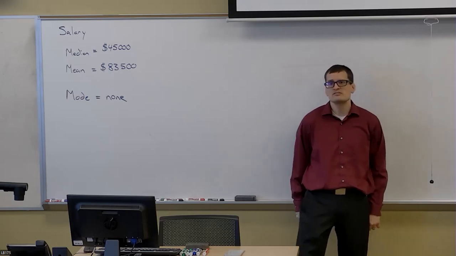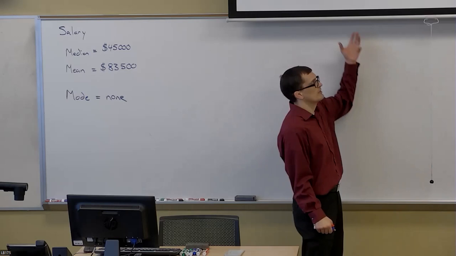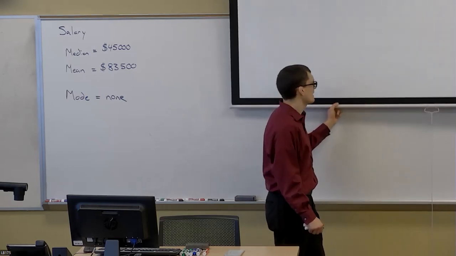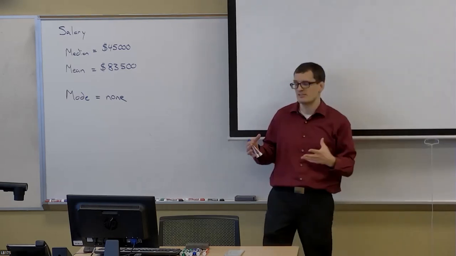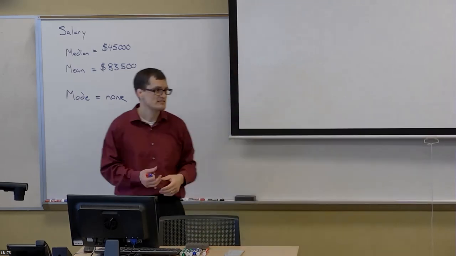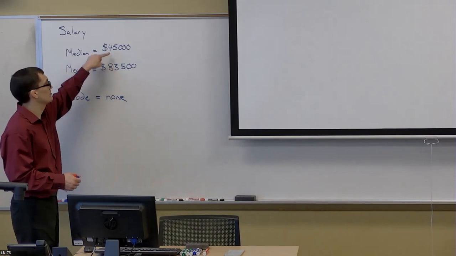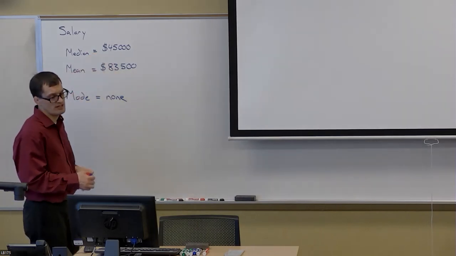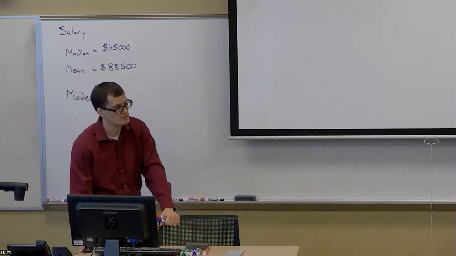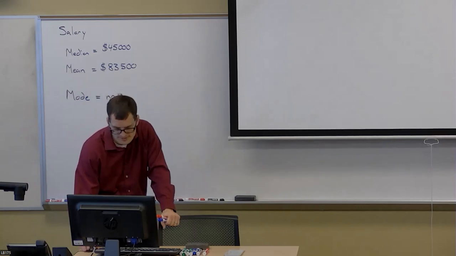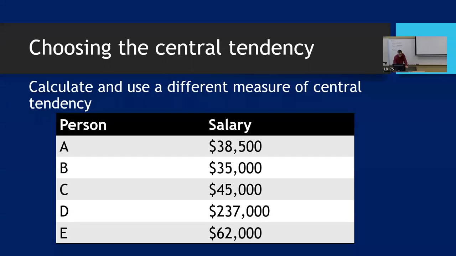So which central tendency I want to publish can affect how the readers see the data set. They can see the data set as higher values or lower values based on the central tendency that I publish to describe the data set with.